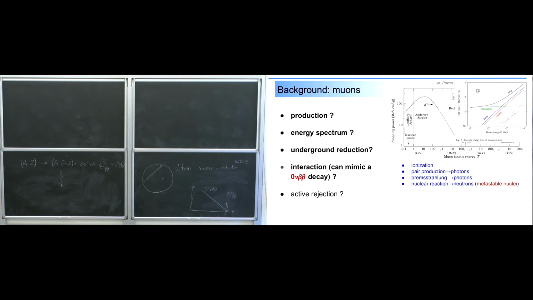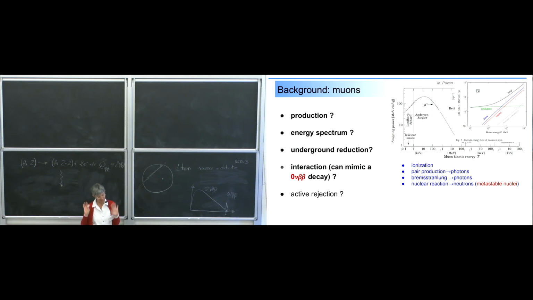I need a veto because you see what we can call passive reduction is already achieved. So I installed my experiment in Gran Sasso. So maybe I can go to SNOLAB, that is deeper. It's not a very nice place, if I have to say.